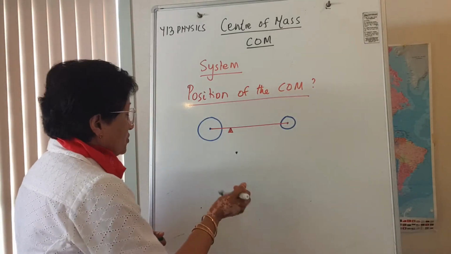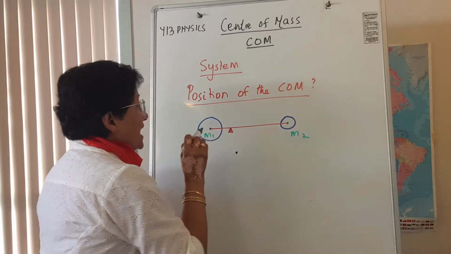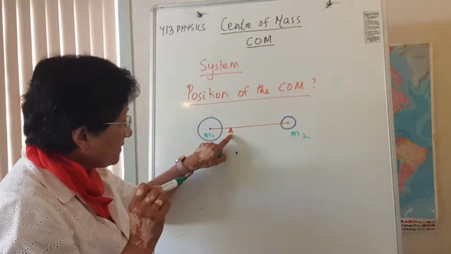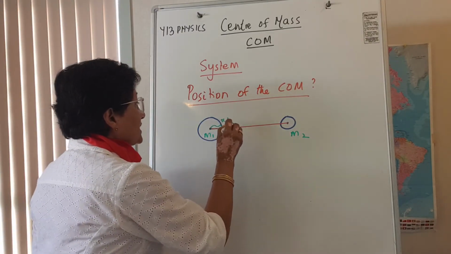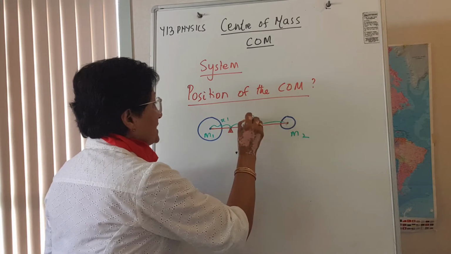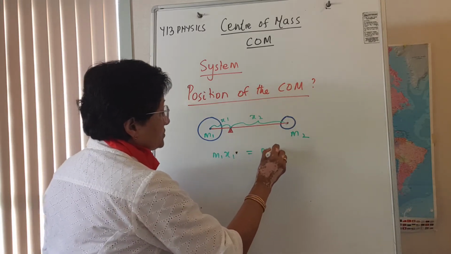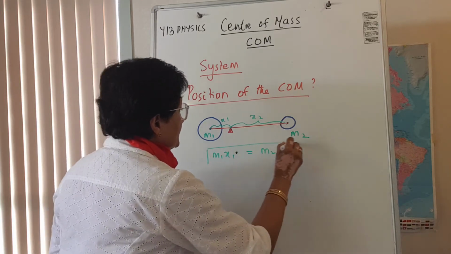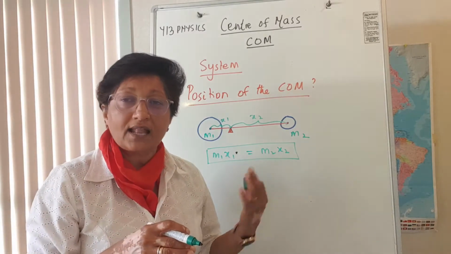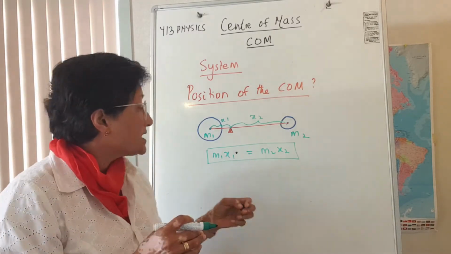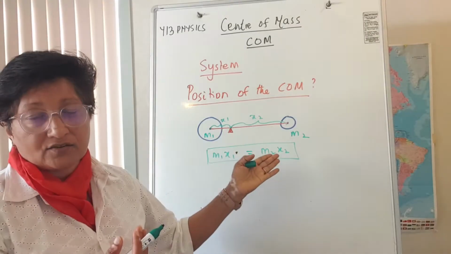Let me call this M1 and this M2. All distances are taken from the pivot point or the center of mass. If I call that x1 and that x2, then I get M1 x1 is equal to M2 x2. So this is one way, and you're familiar with this. We learned about this last year when we did year 12 physics. So this is one way of calculating the position of the center of mass.